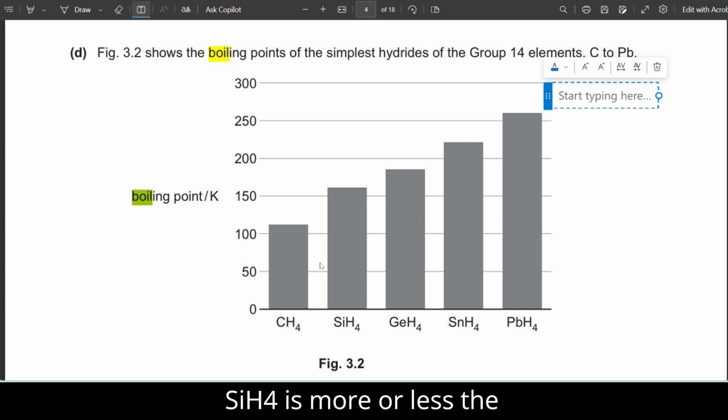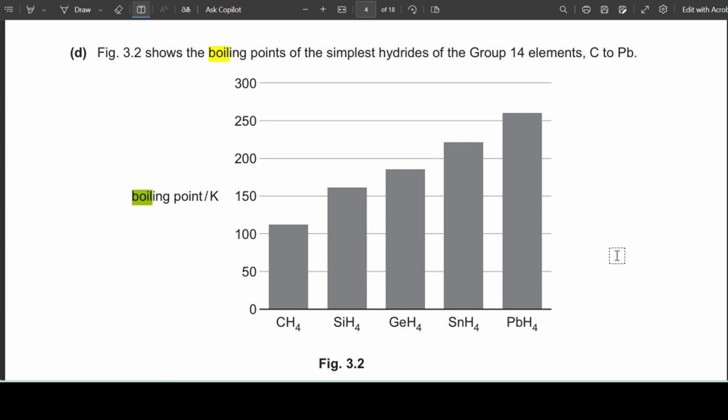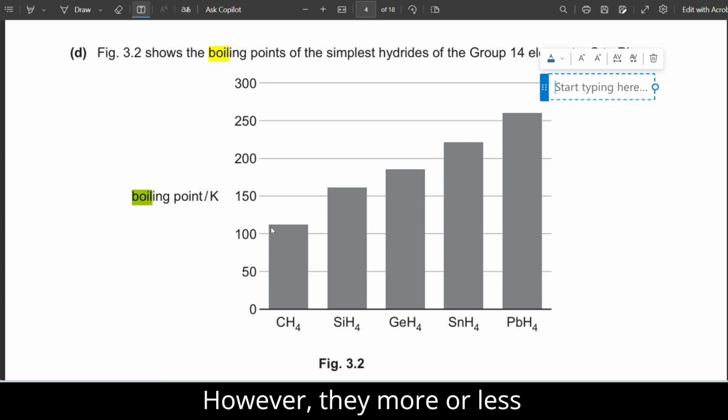SiH4 is more or less the same thing too. But it gets a little bit confusing when you go here because PbH4 is not exactly a simple compound. It's not exactly a simple molecule. However, they more or less follow the same trend.